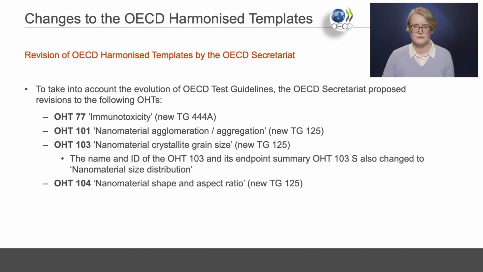And this includes, for example, new fields, new pick list values, new text templates, help text changes, and some changes to field labels. And additionally, the name and ID of the OHT 103 and its respective endpoint summary has also changed from nanomaterial crystallite grain size to nanomaterial size distribution.